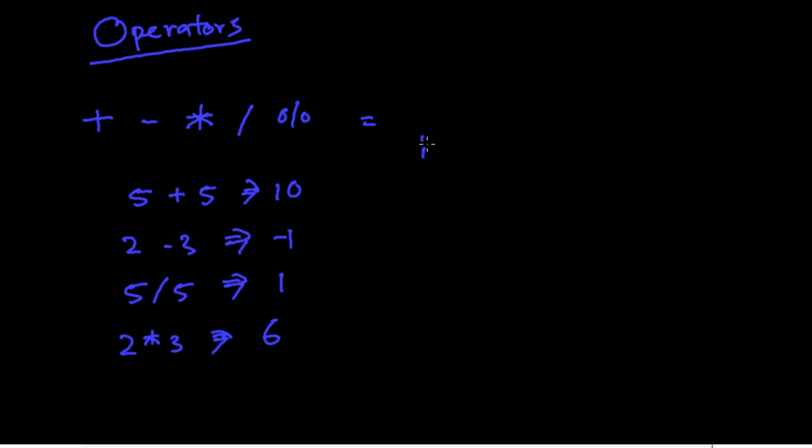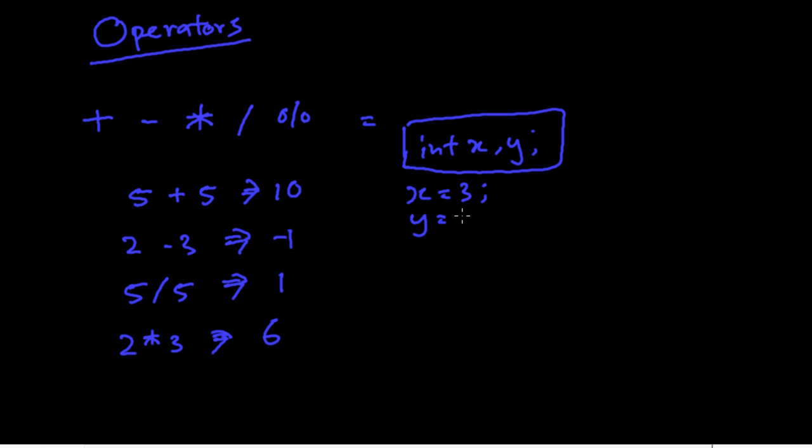We can also use them for variables. If, let's say, int x, y, look, this is a new method to create variables. I can create two variables within a line. Now let's assign x equals 3 and y equals 5.